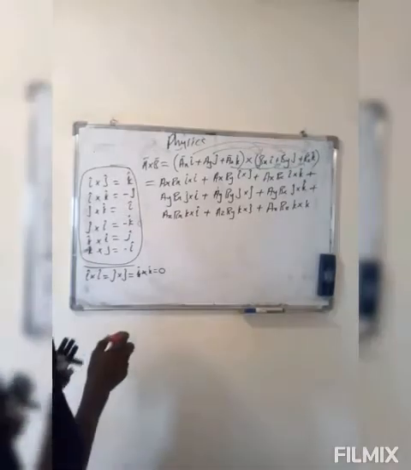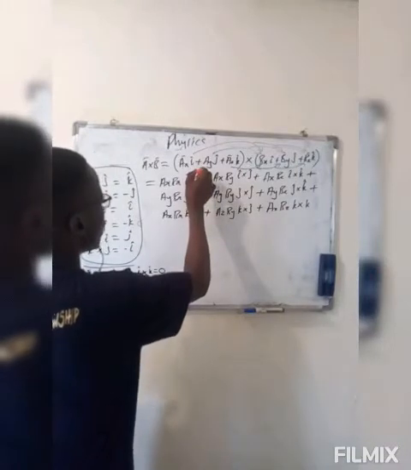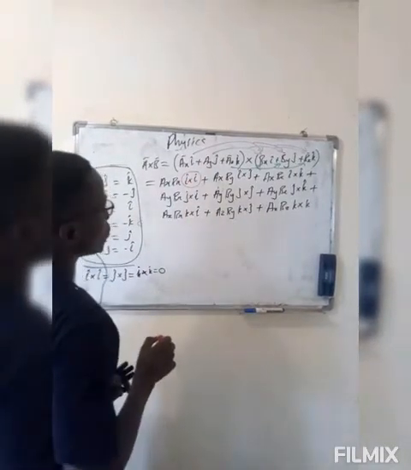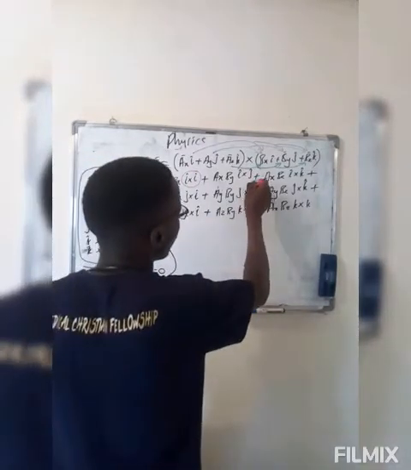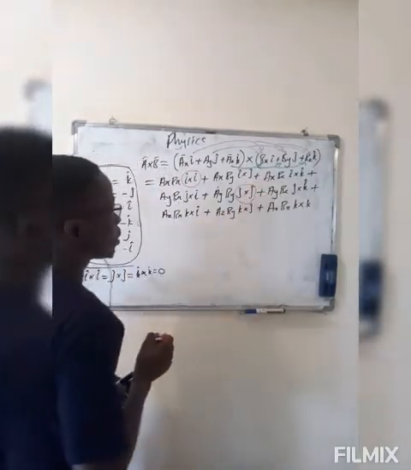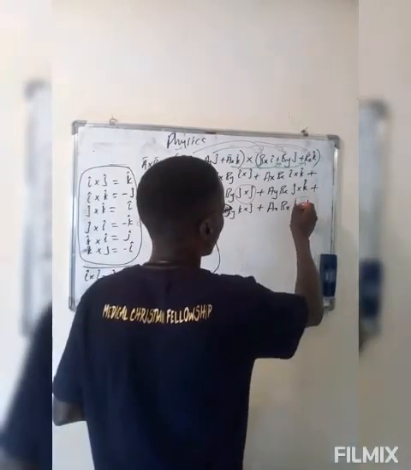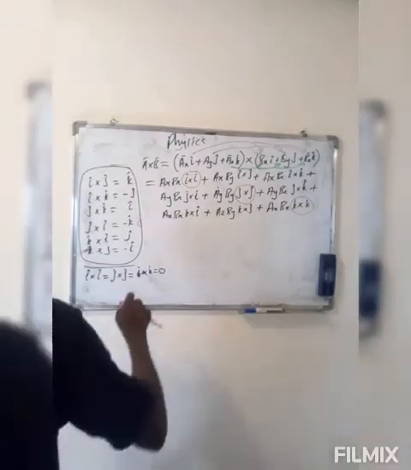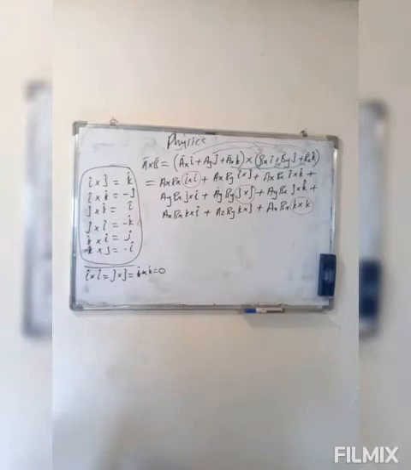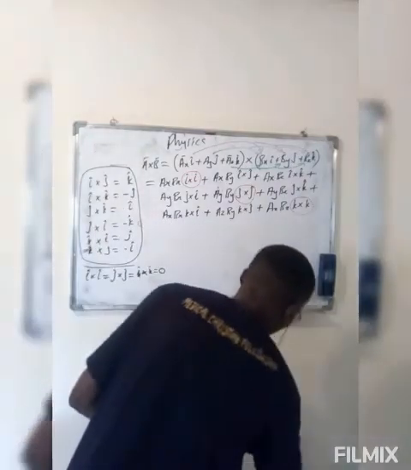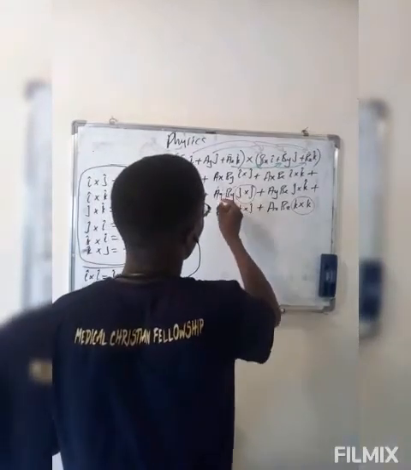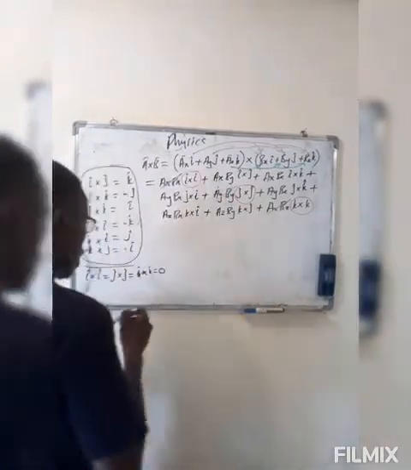So we have the first part here. This is going to be a 0, right? And here as well, we're going to have a 0. And then here we are also going to have a 0. We know that if we multiply 0 by anything, the answer is going to be 0. So in other words, all these are going to be cancelled because they are going to give us zeros.